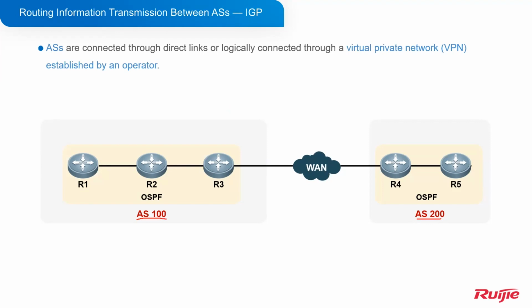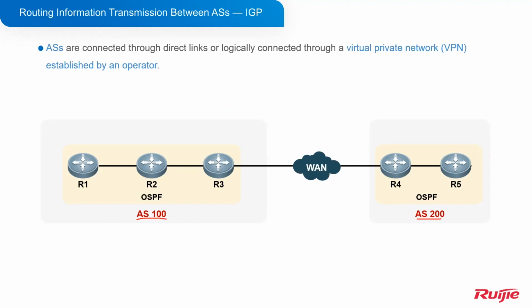Another is that you can deploy a VPN established by an operator between different AS. So you can still forward the message through the VPN, but in the public network between them, we may not know the detailed information. So this is the first solution.